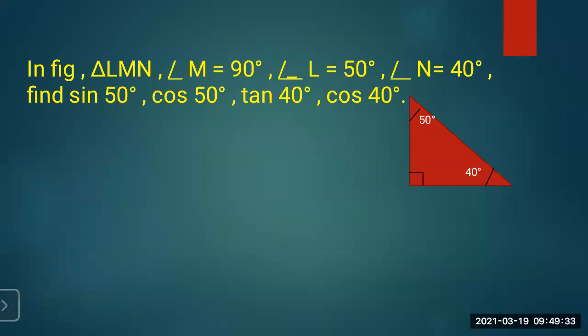Okay. Now let's move to the last question. In the figure, triangle LMN is given. M is 90 degree, L is 50, N is 40.